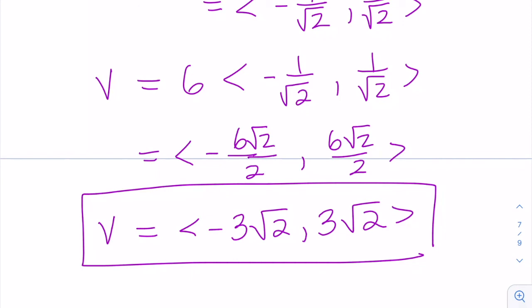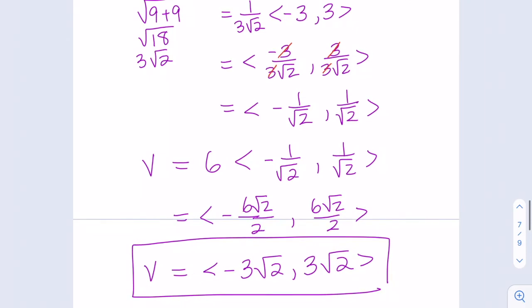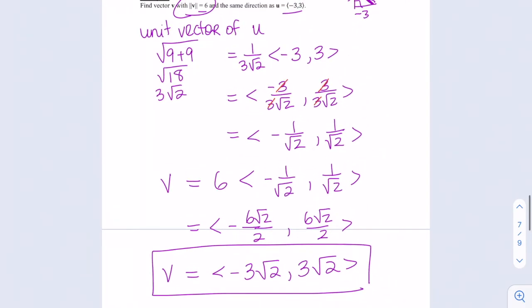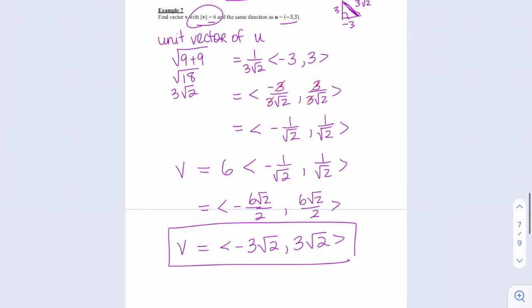And to walk through those steps again, remember we found the unit vector because we said the magnitude of vector v is going to be 6 times that length. So we have to figure out what just a magnitude of 1 would be. So we found the unit vector of u, and then multiplied that by 6 to find vector v. Well, I hope that was helpful, and I will see you all in class.